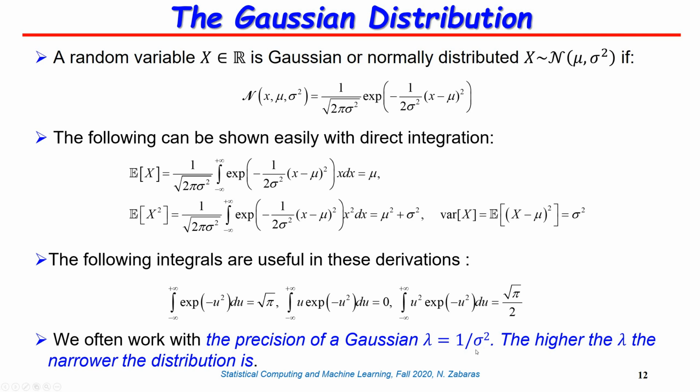You can see here the name precision comes from the fact that if you have a Gaussian distribution that is very narrow, so if sigma is very small, lambda is very big, so the higher the lambda, the more narrow the distribution is, and that's why this name of precision comes about.